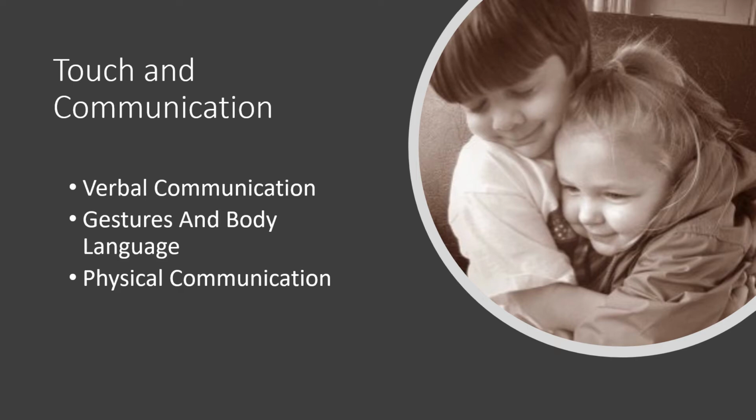Obviously, there are some circular reasoning issues we have to attend to, but even if we account for those, there does seem to be a significant amount of evidence that touch goes beyond just survival. It's something that can really help enrich relationships and strengthen some of the bonds that people form.